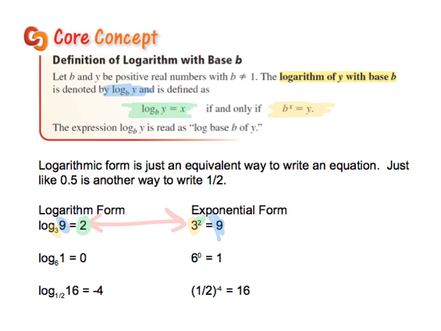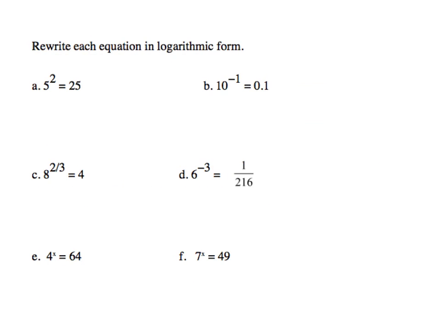So log base 6 of 1 equals 0 could be rewritten as 6 to the 0 power equals 1, which is a true statement. And log base 1/2 of 16 equals -4 is the same thing as saying 1/2 to the -4th power equals 16. Just different ways to write the same thing.